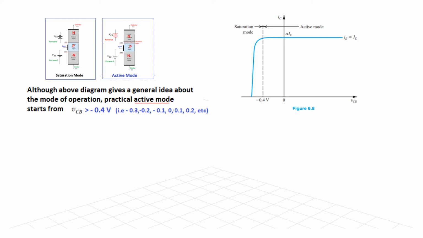VCB greater than -0.4, that is -0.3, -0.2, on this side is the active mode. And for VCB less than -0.4, this is saturation mode. Now keep in mind that in the active mode we have the maximum current, but as we move towards the saturation mode, the current is decreasing. So this we have to keep in mind.